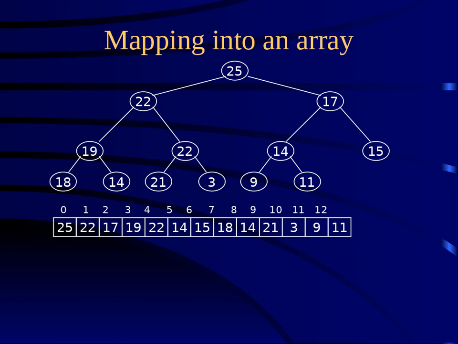So, let's see here. The child of node n, is that hard to see? For me, I have like that white stuff. Oh, that made it worse. Let's call it the left child of n.